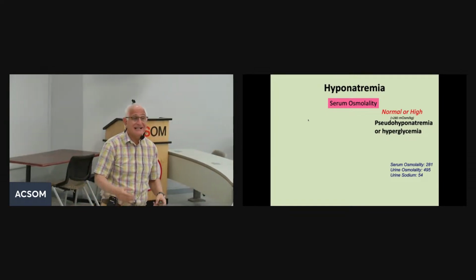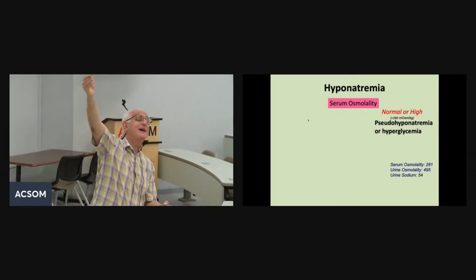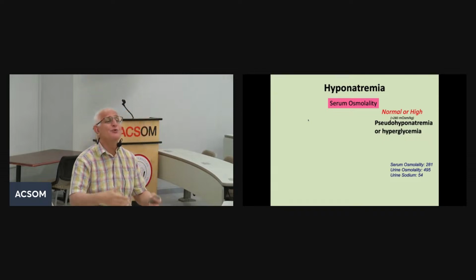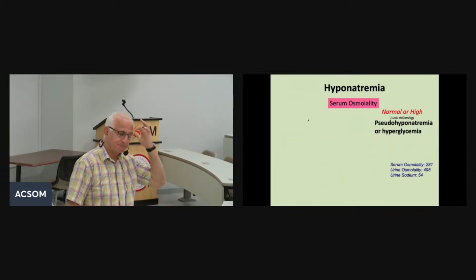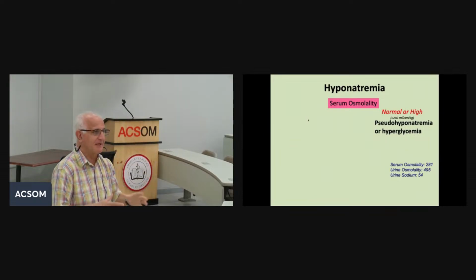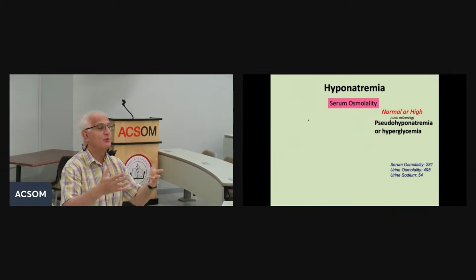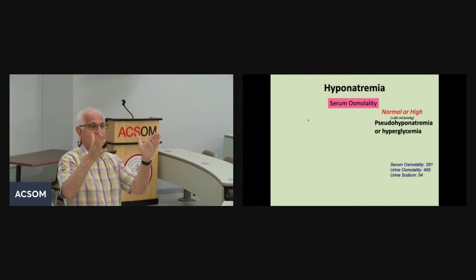What was the case was that he comes with multiple myeloma. His protein is super high. That gives you pseudo hyponatremia, because it is very easy to explain, but if you don't know the explanation, you don't have to worry about the explanation. Why? High protein, high cholesterol, high triglycerides, high glucose, they give you hyponatremia because they're all in the serum.